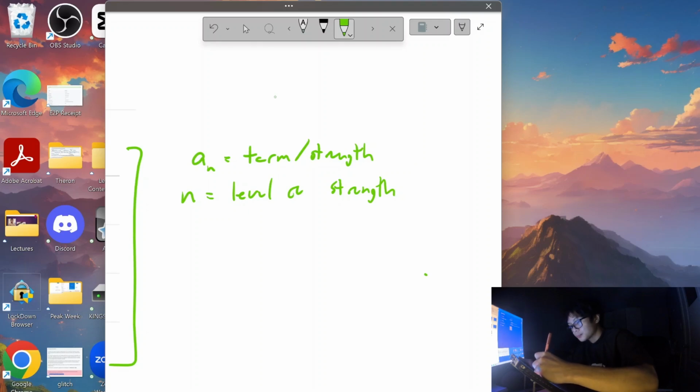And then a_1 equals the initial strength or term.